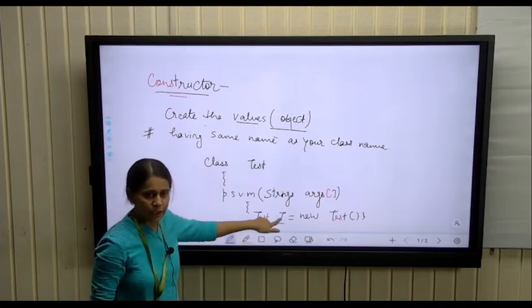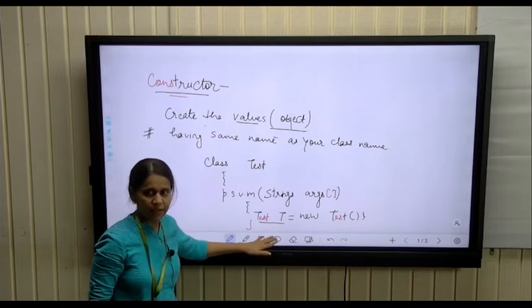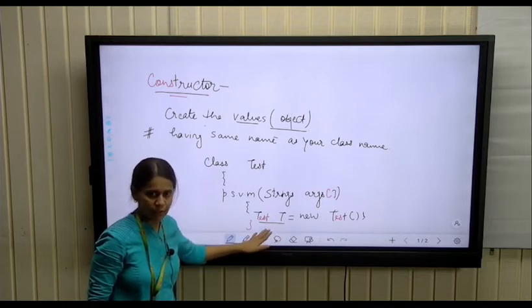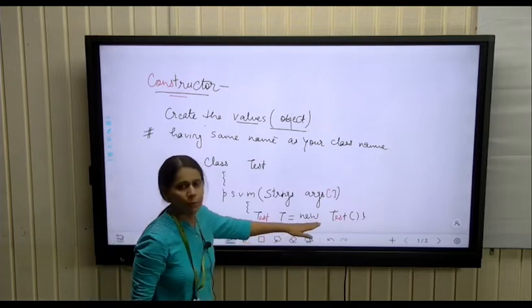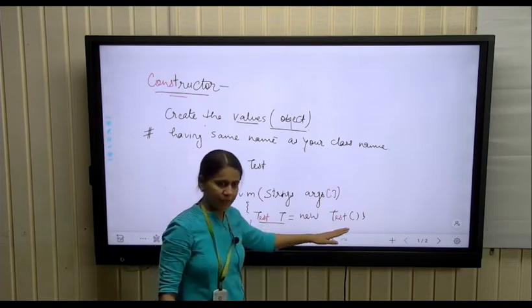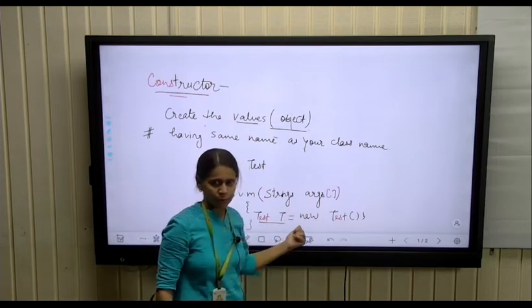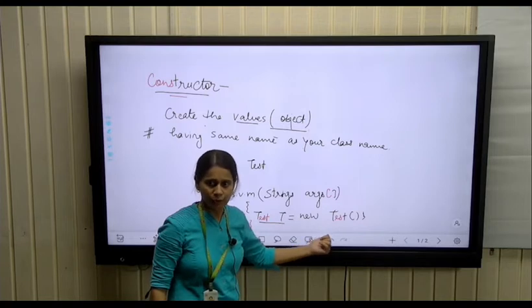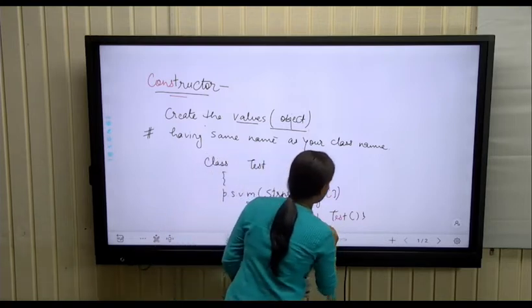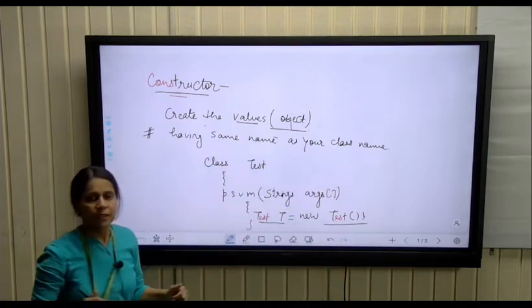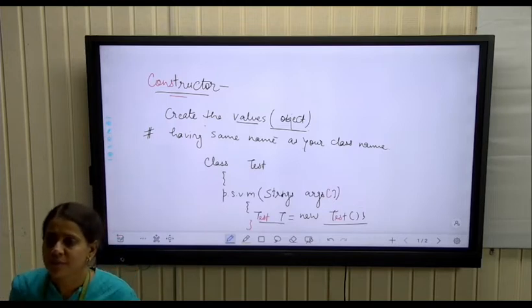This is the creation of the object, but only the creation, not giving the memory to that object. After using the new operator, I'm giving that memory to that object also, right? Clear? So this is the basic syntax to create the object and give the memory for that object.